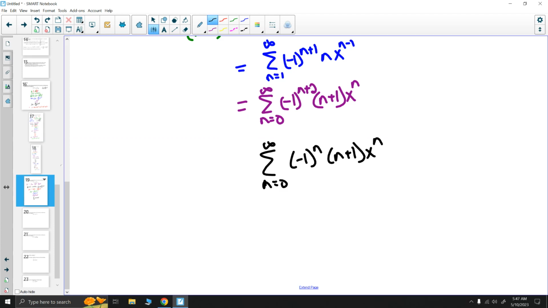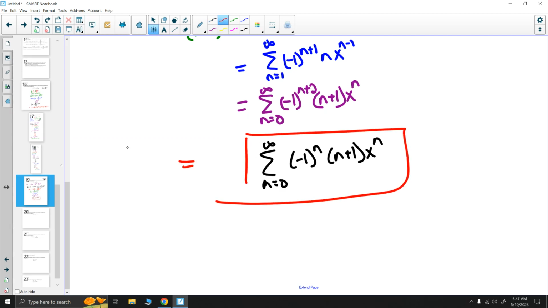Again, we can write it infinitely many ways. N plus 2, n plus 4, n plus 6, those are all the same as n. Just like n plus 1, n plus 3, n plus 5 is all the same. So we really want to keep it as simplified as possible. All right, so that is our power series describing our function 1 over 1 plus x squared.